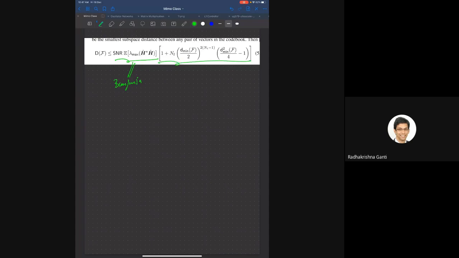This is the gap because of quantization.